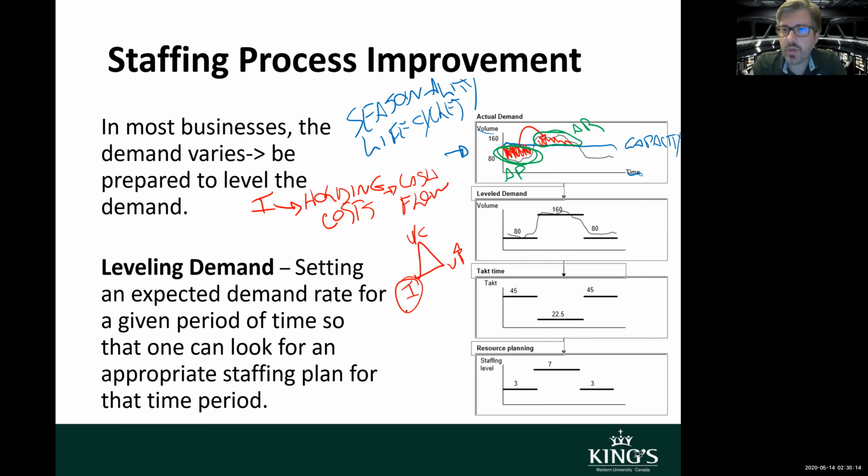So how is it that we can adjust to this? Well, we can adjust our capacity to level off inventory. So you level demand in different periods of time. Over here, for example, I'm dividing this time frame into 3 periods. So I know this is the average demand for this moment of time. This is for this guy, and this is for this guy.